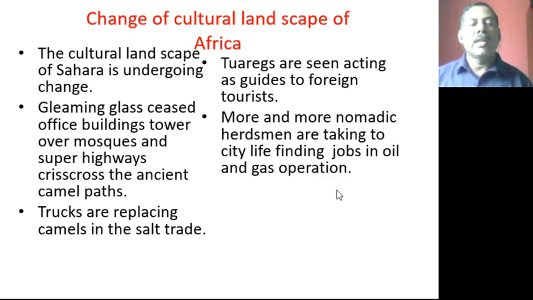Earlier, the refineries were not there, gas plants were not there. Now they have been opened, so almost all the people shifted from these desert areas to the main areas, and they got jobs and settled in those areas.